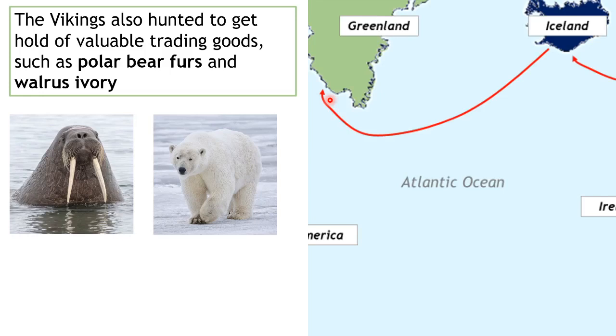And so the Vikings hunted the polar bears for their fur, and they could exchange this fur with other people who lived in other places who'd never seen a polar bear before, and would pay loads and loads of money for a nice polar bear fur to wear. So just like in Iceland with the walrus, in Greenland, the Viking settlers hunted animals to get goods to trade.